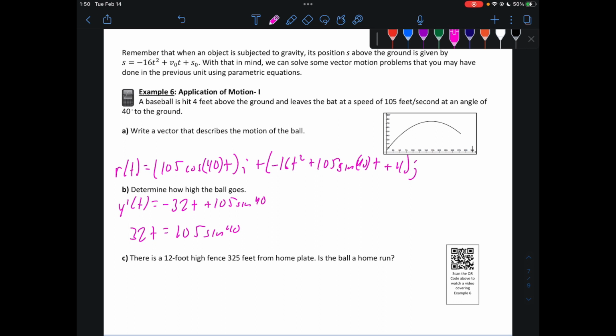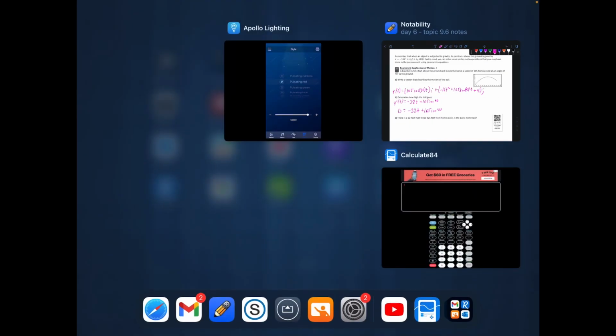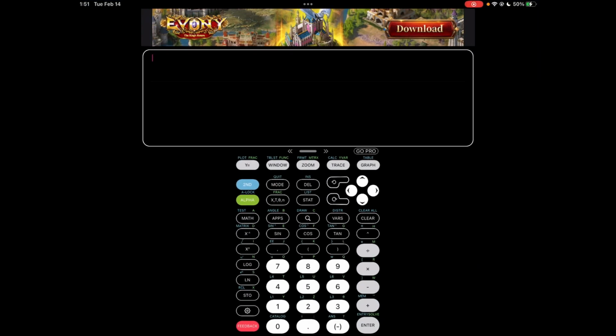Now, that's not really something we can solve for off the top of our heads, so instead, let's just set this equal to 0 and solve via the calculator. We can graph that. You don't even have to be in parametric mode to do this. You can just be in regular mode.